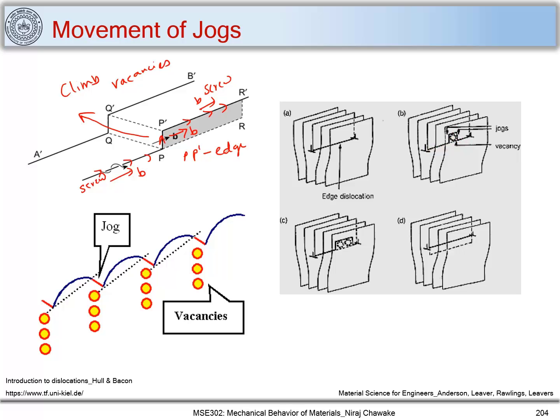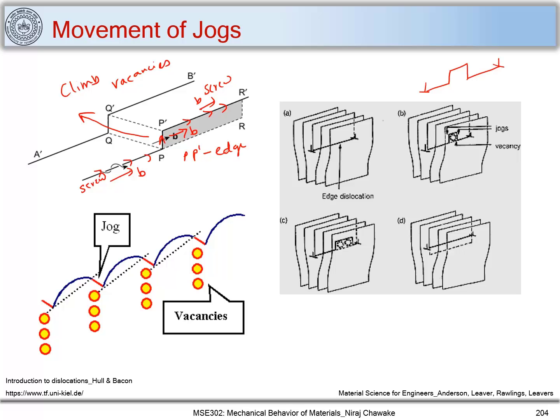Let me write that down. This dislocation line has moved like this because of the vacancy formation or vacancy accumulation at this region, and this part is called a jog in this dislocation line. Let me mark that also.